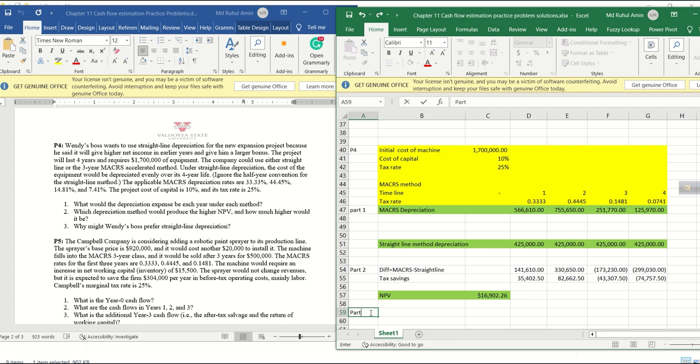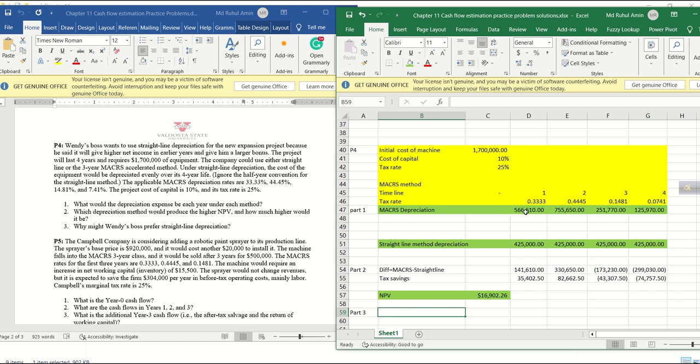Part 3. Why might Wendy's boss prefer straight line depreciation? This is some kind of judgment. If the company selects the MACRS depreciation method, there is a positive NPV of around $17,000. But instead of this positive value, why would the manager want to choose this one? One reason is if the manager wants to get more bonus and the bonus is tied to net income.